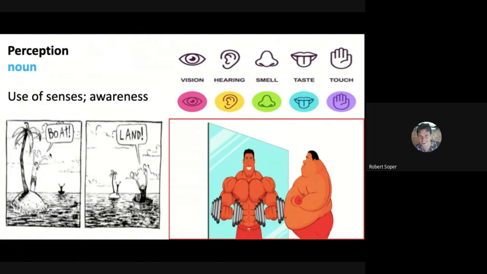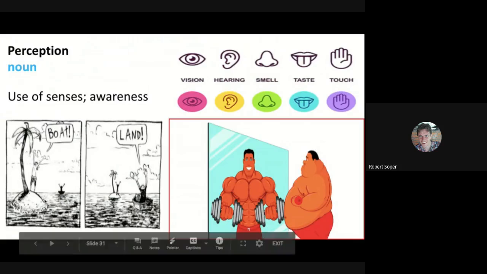So if we look at this image down here, we might look at it from this man's perception. So from his perception, he is saved. Why is he saved? Well, because he's trapped on this island and a boat is coming by to rescue him. So from his perception, finally somebody is going to take him away.